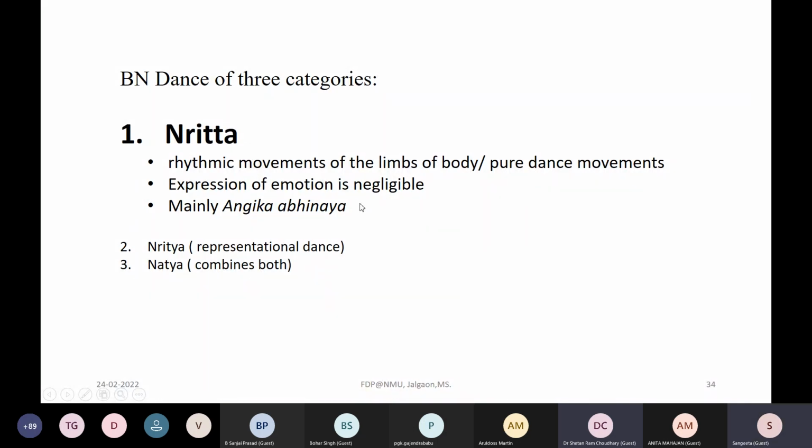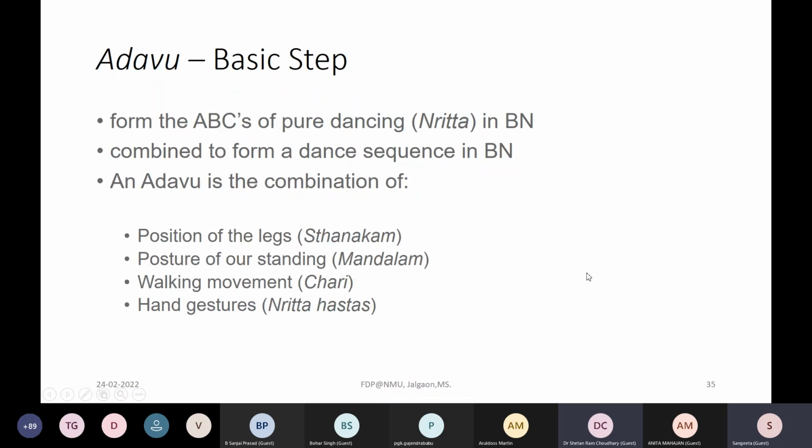There are no emotions, and it is mainly Angika Abhinay, that you use hands, legs, waist, face, all these things to do this. Representational dance is Nritya, where you're doing storytelling. Okay, you're explaining something is this, and Natya is a combination of 1 and 2. So my experimentations could be done with 1.